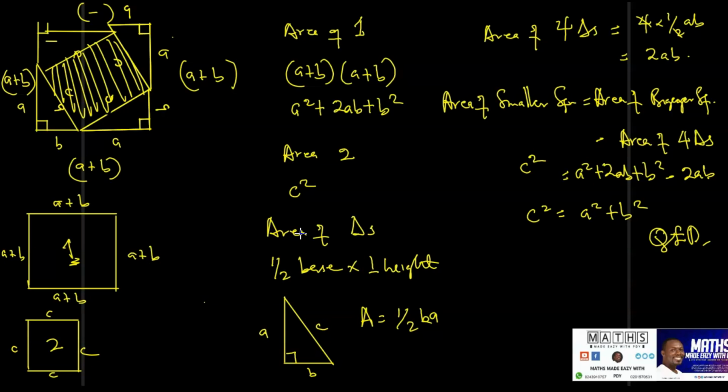It will interest you to know that any type of the triangles, you can generate them from a right angle triangle. If you draw an equilateral triangle right now, let's take it that this is my equilateral triangle. All the sides are equal.